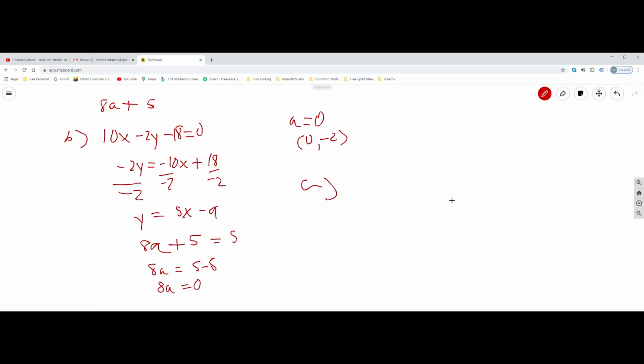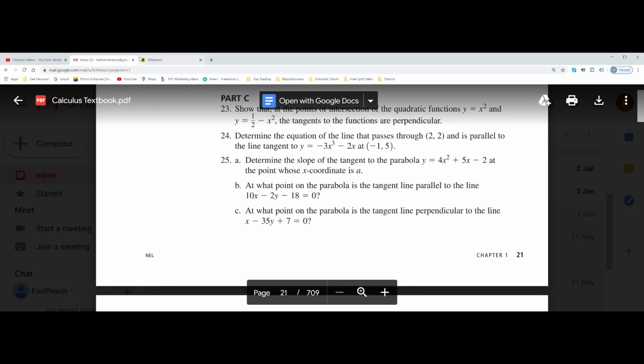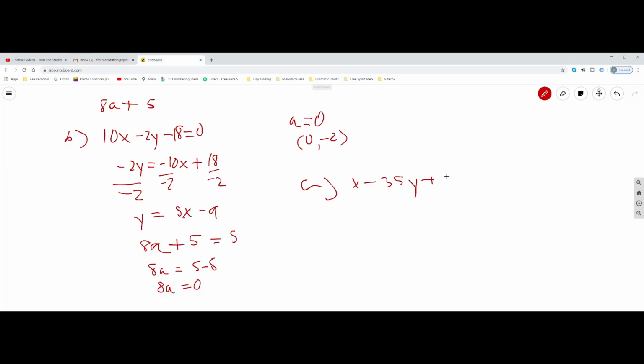So you have x minus 35y plus 7 equals 0.